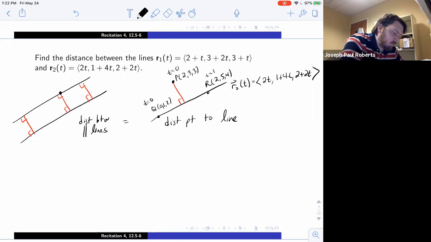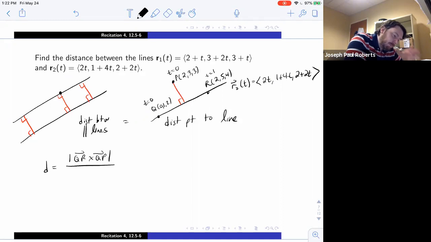And so then we figured out before that the distance that we want is going to be the length of QR cross QP over the length of QR. Again, remember we thought about the area of triangle PQR equals 1/2 base height. Height is that red distance that we're looking for.